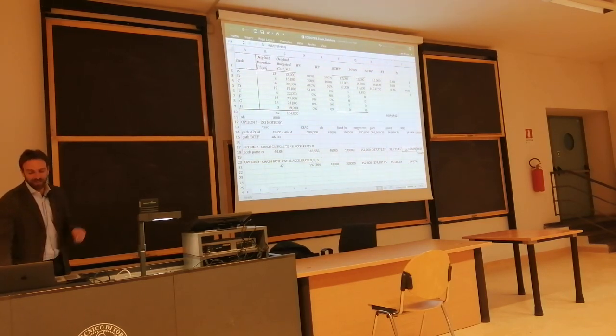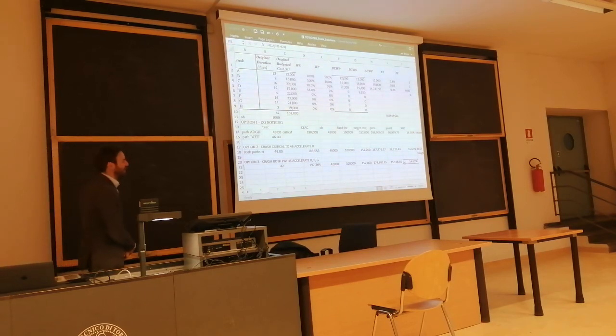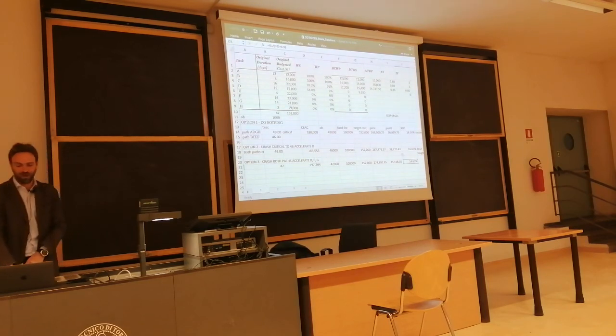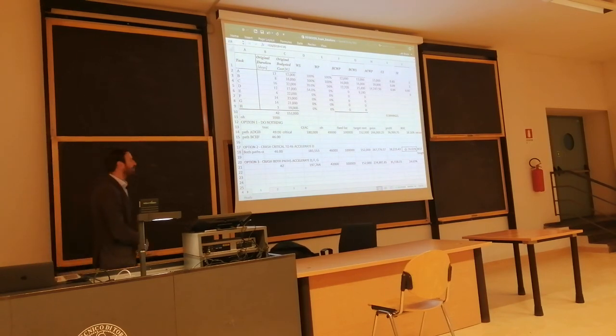And finally, there's another option that is to crash both paths, to accelerate D, E, F, and G, leading down to 42, which would reduce profit to 14%. Now it looks like the best solution that maximizes your profit and your return on cost is crashing the task D as an option to accelerate the project.